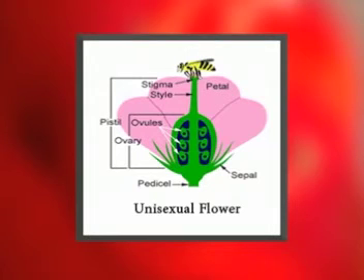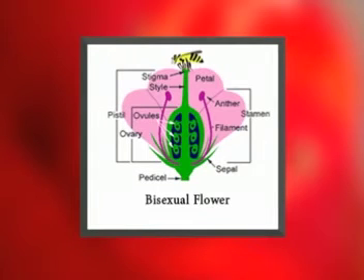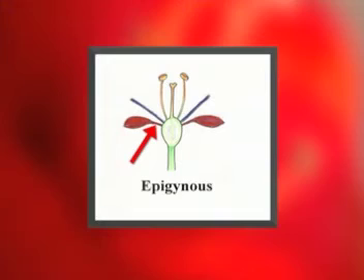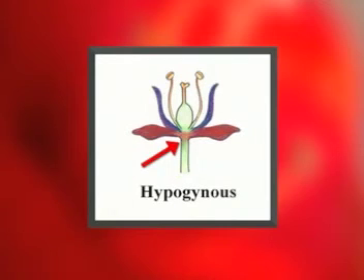Unisexual flowers were considered to be more primitive than bisexual ones. Chasmogamy was considered to be more primitive character. The epigynous condition is more advanced than hypogynous condition. Apocarpy is regarded as a primitive feature and syncarpy as an advanced feature.